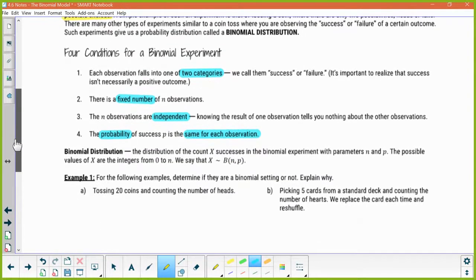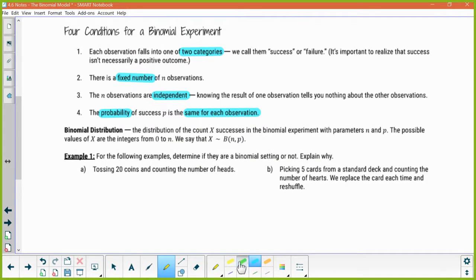Now, describing a binomial distribution, the distribution of the count X, and again, we talk about random variables in terms of capital letters, with parameters n and p. The possible values of X are the integers from 0 to n. We're always going to start our X, our outcomes, with 0, and we're going to go until the end of our fixed number of trials.